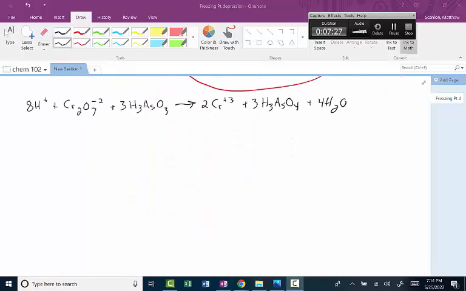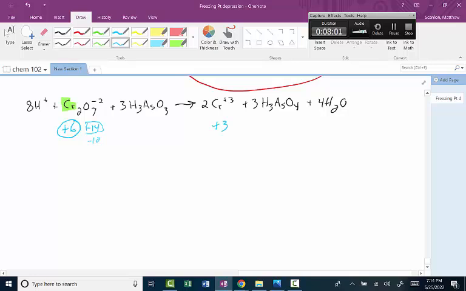Let's do one more. Okay, here it is. And as always, we'll ignore the hydrogen and oxygen till last. If we find something before that, we're good to go. So we'll look at the chromium. Chromium here, we'll look at the oxidation state. Oxygen is -2, and there's 7 of them. So it's -14. It's -2 overall, so that's -12, because I need a +12 on this side to add up to -2, so chromium must be +6.